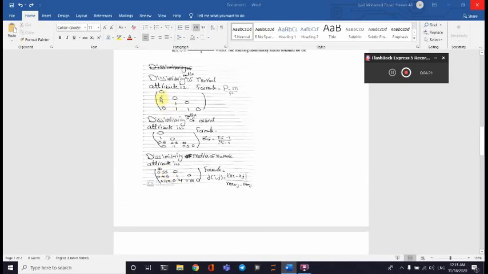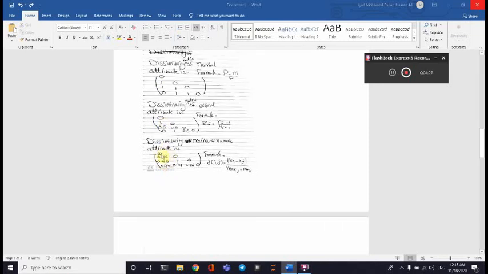For example, here 1 and 1 and 0.55. You're going to sum them, multiply by the indicator of the column, and divide by the sum of the indicators.